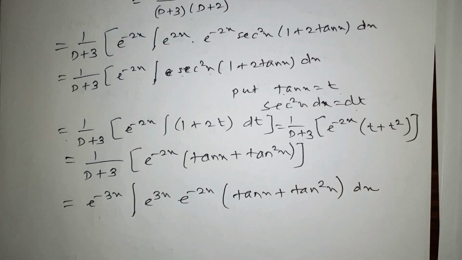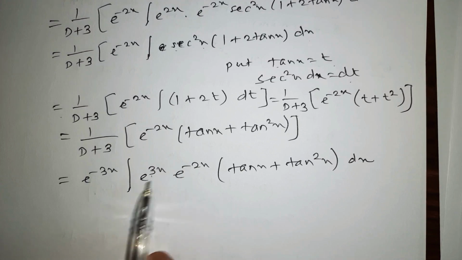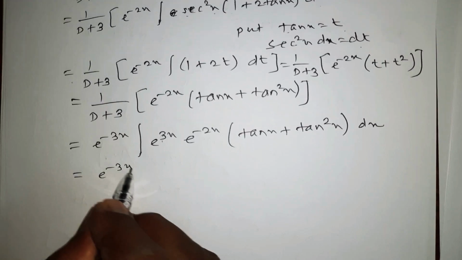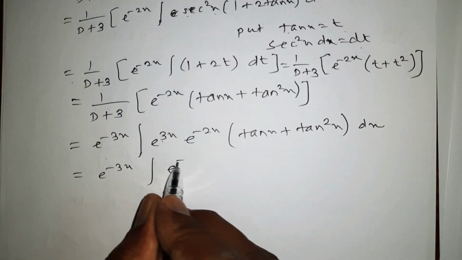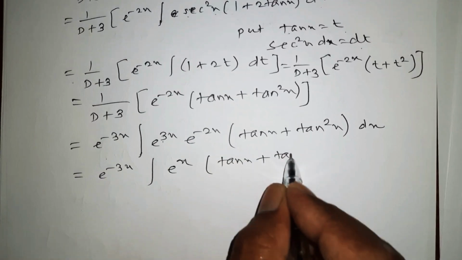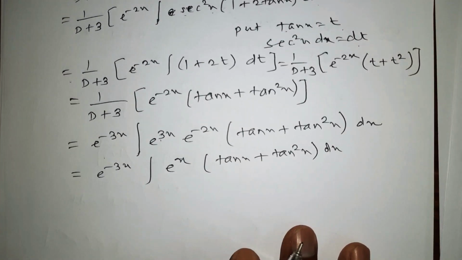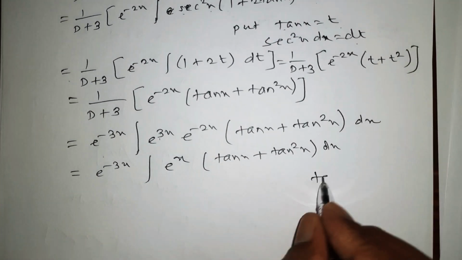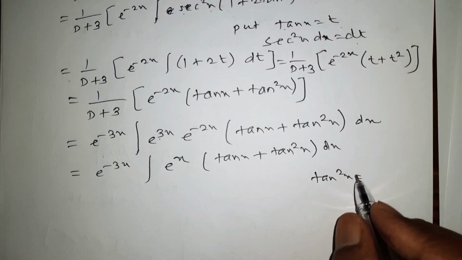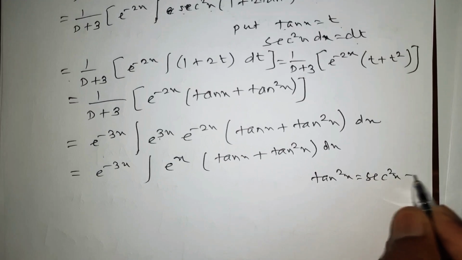E raised to 3x and e raised to minus 2x, what remains? E raised to x. Write that down. So here e raised to minus 3x integration of e raised to x in bracket tan x plus tan square x dx. Now tan square x we can write: 1 plus tan square is equal to secant square, so tan square x is secant square x minus 1.